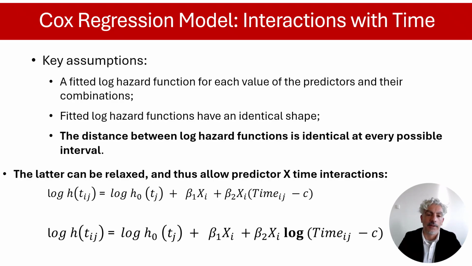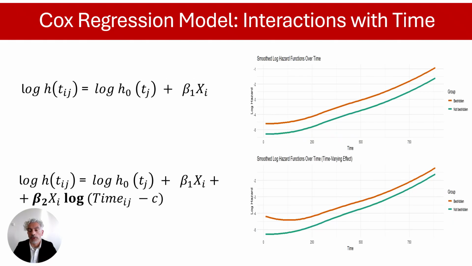I just finally wanted to graphically represent an example of an interaction of a predictor with time.